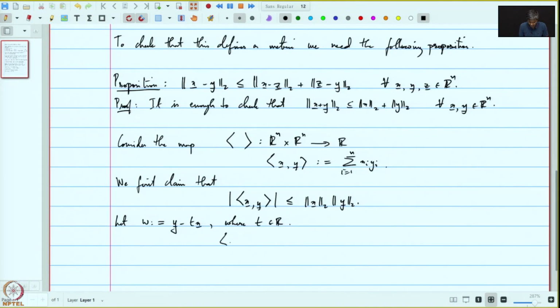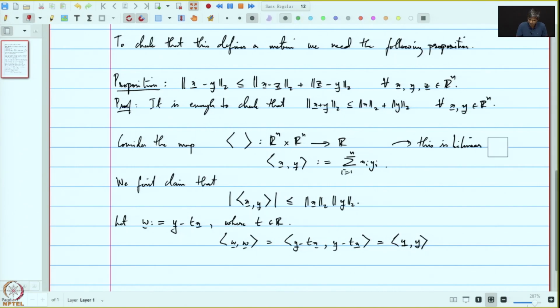The inner product of w with w is bilinear in both arguments.